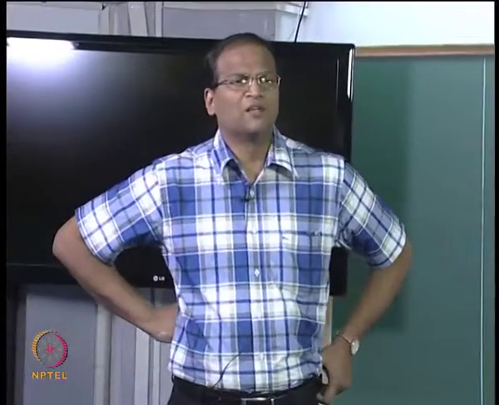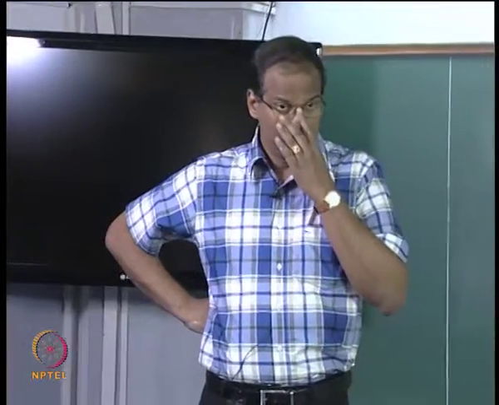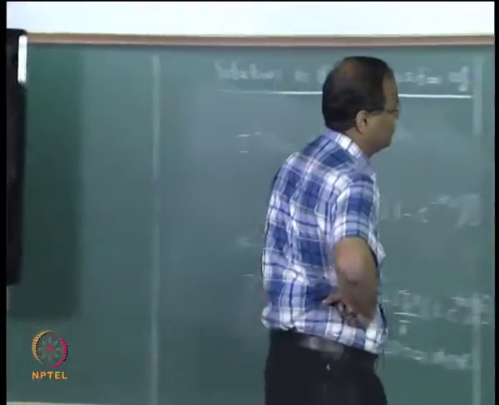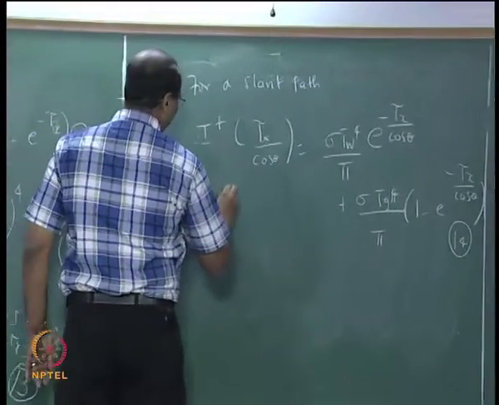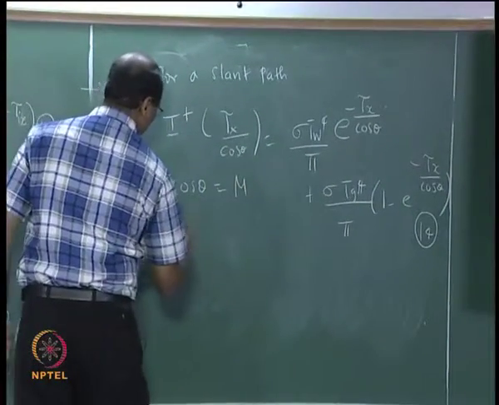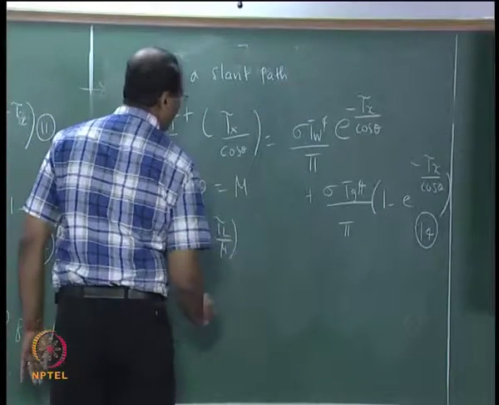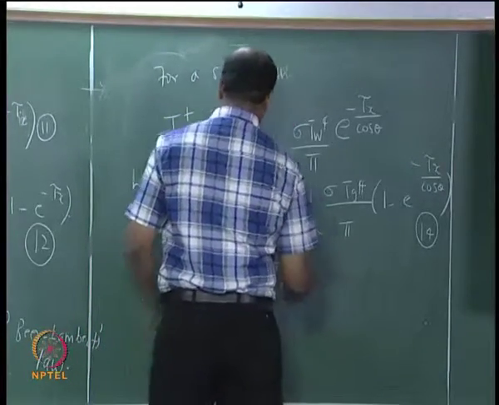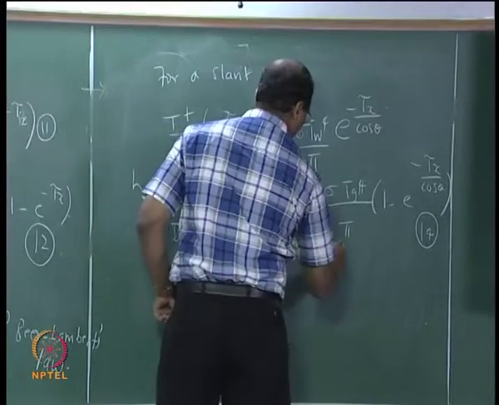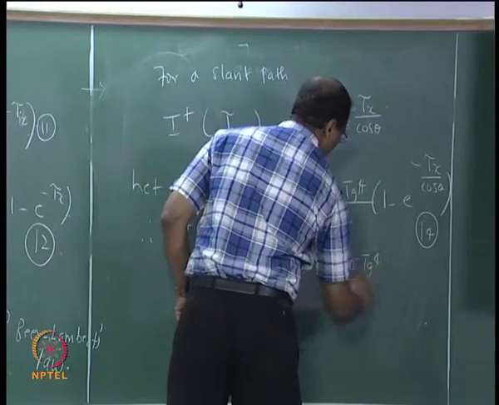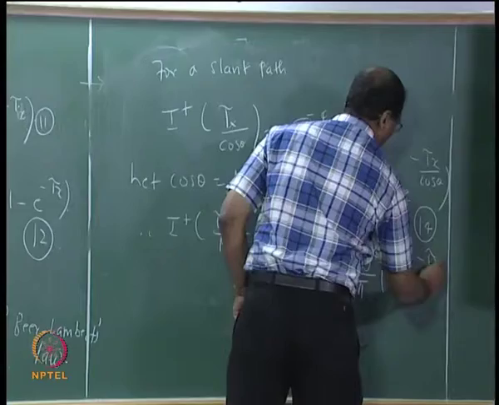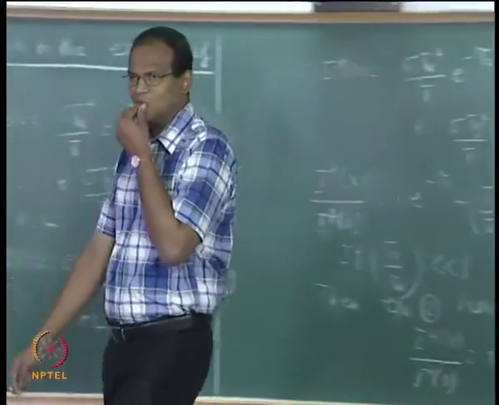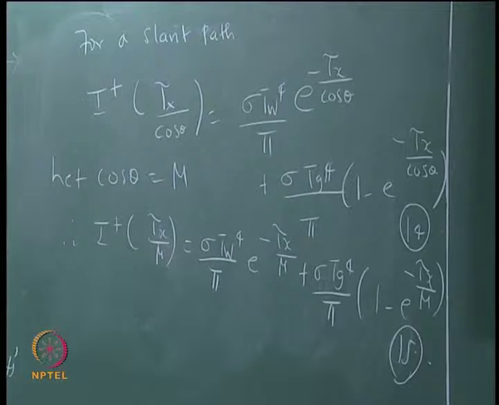You can check for the asymptotic correctness of the expression by substituting cos theta equal to 1. Mu equal to 1 represents the straight path.